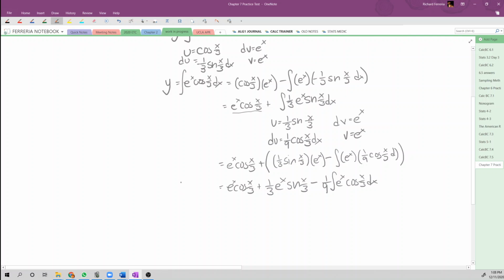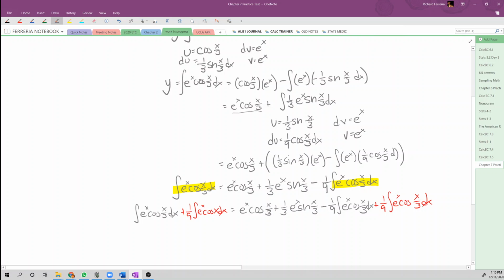And if you remember, that was equal to the integral of e^x cosine of x over 3 dx. So now we've done it. This integral here is exactly the same as this integral here. So we'll add 1/9 of that integral to both sides.